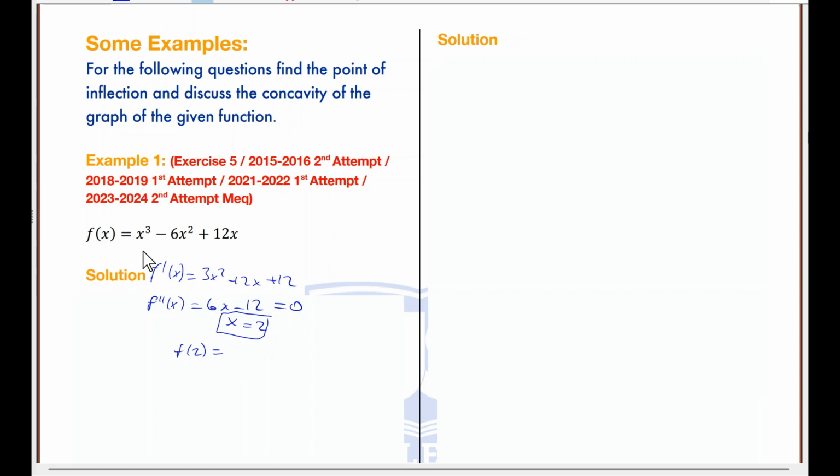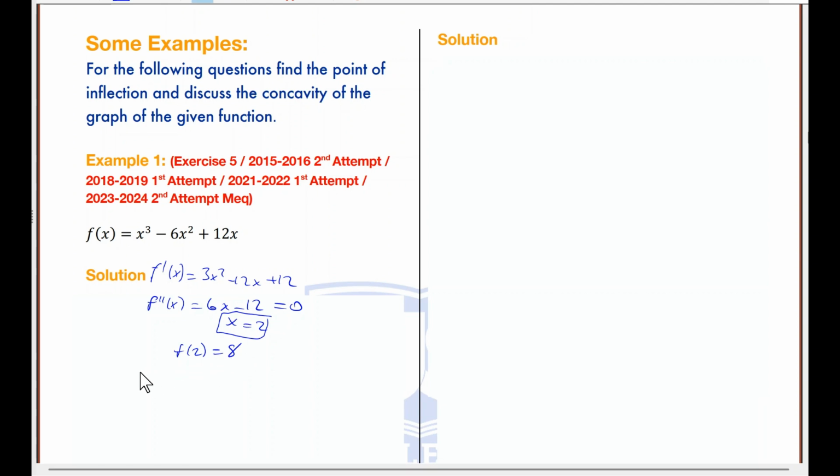So 2 back, 2 cubed, 8 minus 6 times 2 squared plus 12, which will make 8.